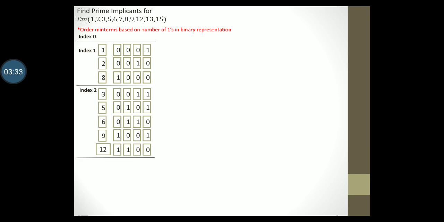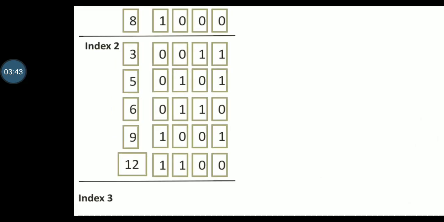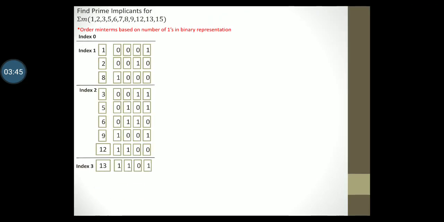So we start with index 3. Look for all those minterms with 3 ones in their binary representation. In this category, we will have minterm 13 and minterm 7. There are no more minterms in this group.